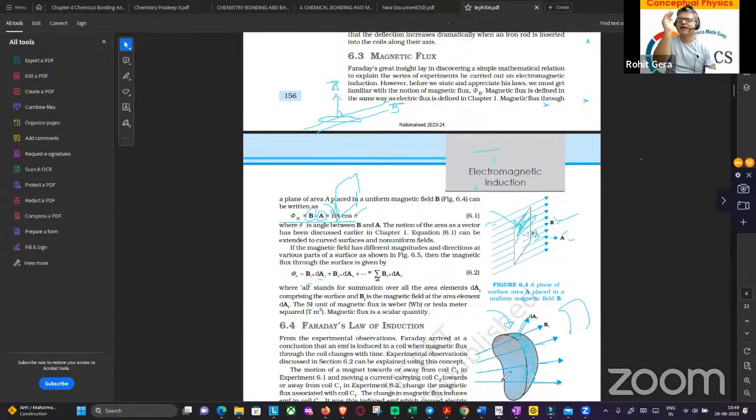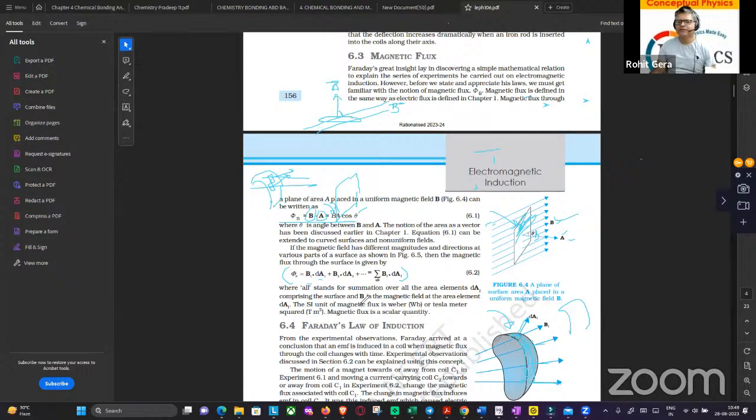So it has to be divided into multiple small areas, and then you have to decide on each area. This is my curved area. I will take this area, the perpendicular is like this, and the magnetic field is going like this. But if you take this area, the direction may be like this, so the angle between B and A changes. So this is a situation with different directions of the area vector.